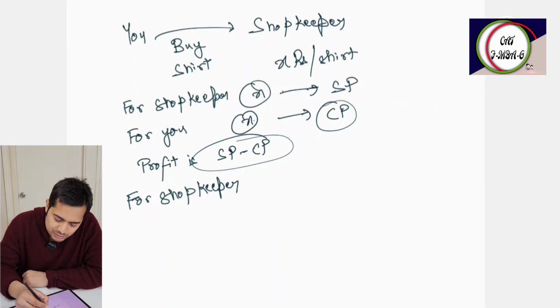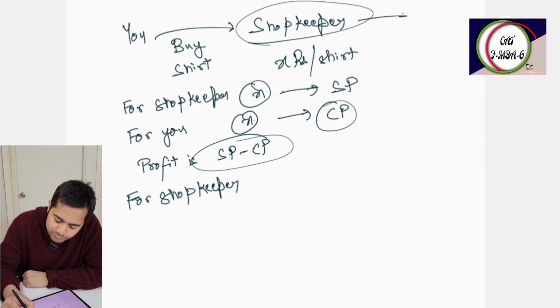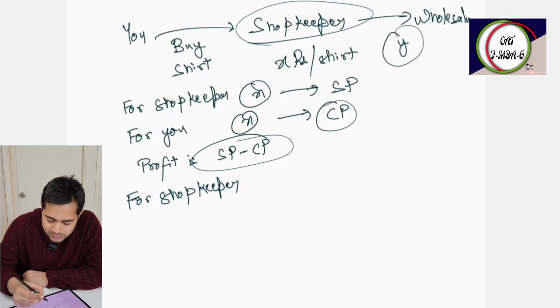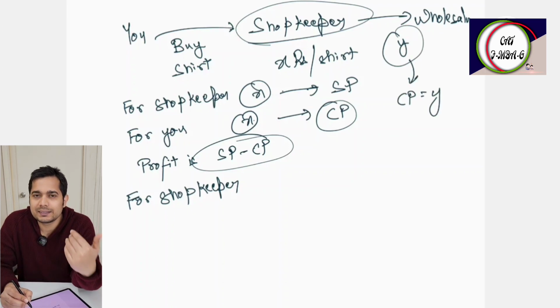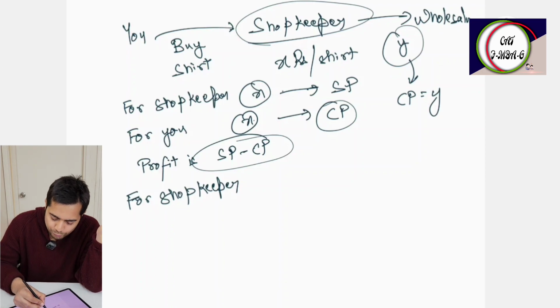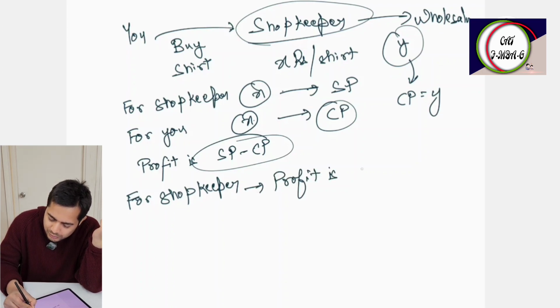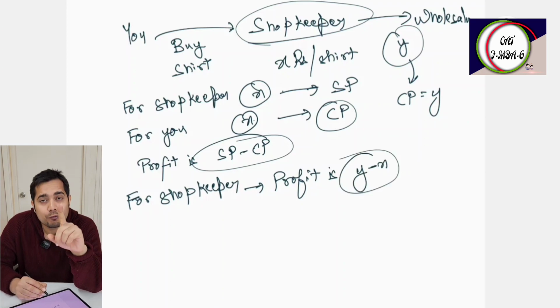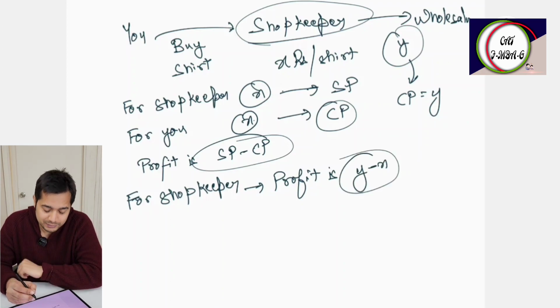So the shopkeeper has bought the shirt from the wholesaler at Y rupees per shirt. So his cost price is Y rupees. His selling price to you is X rupees. So for the shopkeeper, profit is X minus Y.